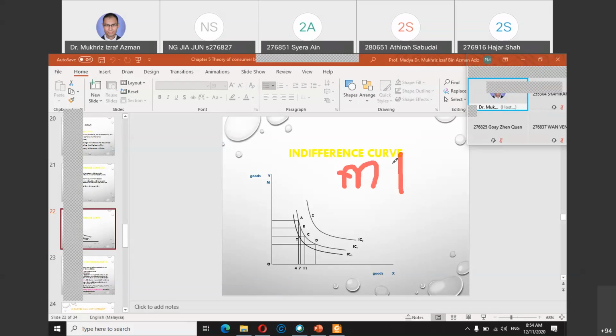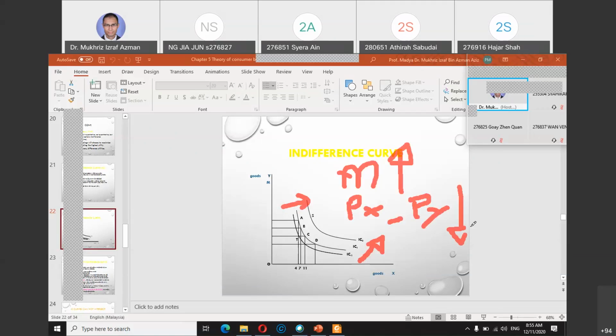So my income can increase. If you go upward, meaning from the original indifference curve you move upward, one reason you can shift upward is that the income of the consumer increases, or it is also due to the price of good X and good Y dropping. The price of X, PX, and also PY, the price of good Y, both of them decrease.